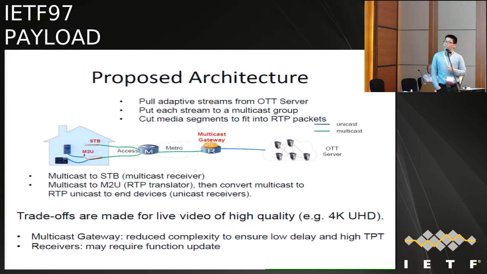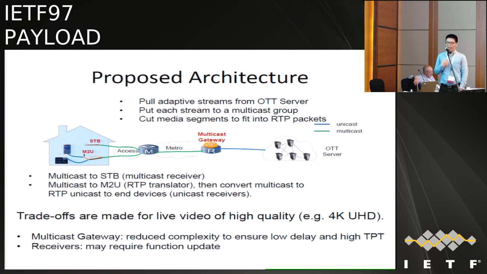From the multicast gateway, it passes the multicast streams down, maybe further into the home. At home, we can use the traditional set-top box to receive the multicast stream, or we can deploy an MTU, which is multicast to unicast, acting as an RTP translator to convert the multicast to unicast for some device that does not support multicast directly.